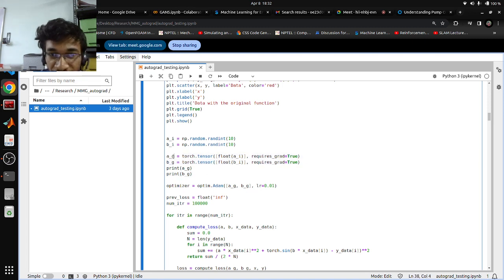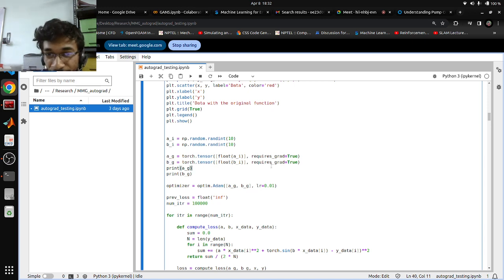I'm setting a variable ag, which you can imagine as a variable which allows for gradients to be computed with respect to it. That is what this requires_grad equal to True formulation does. This is something you can implement in PyTorch. Right now you can imagine them as similar to a symbolic variable.